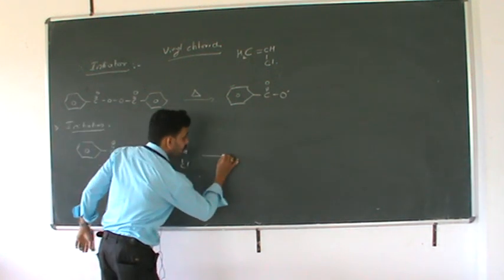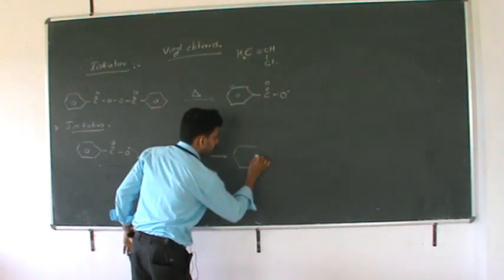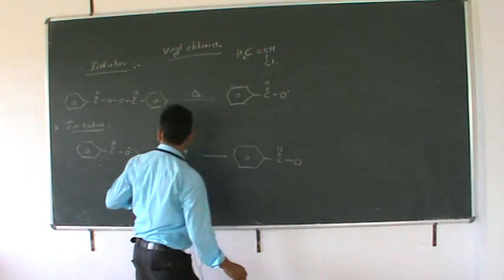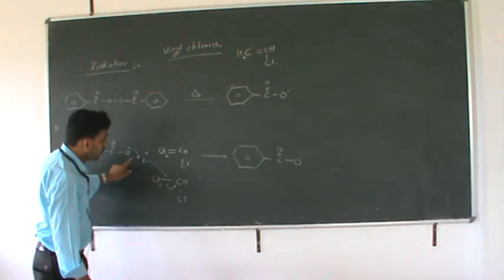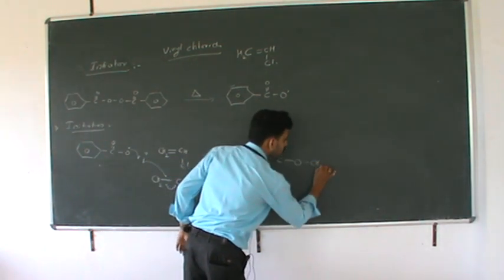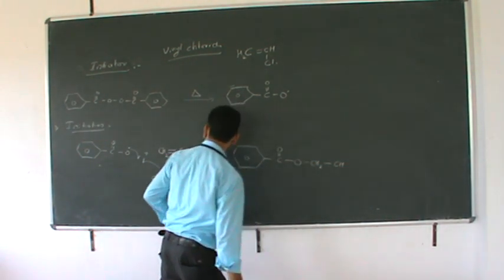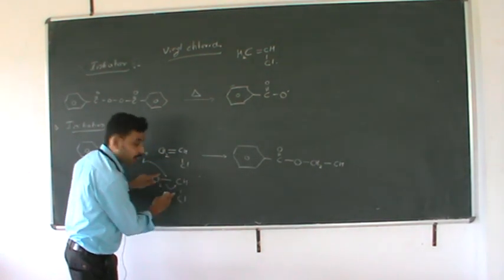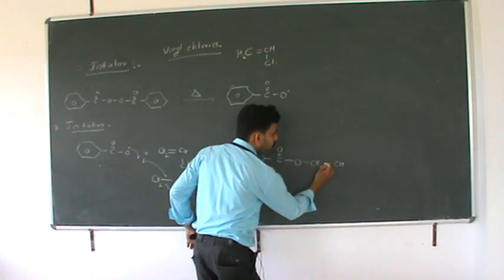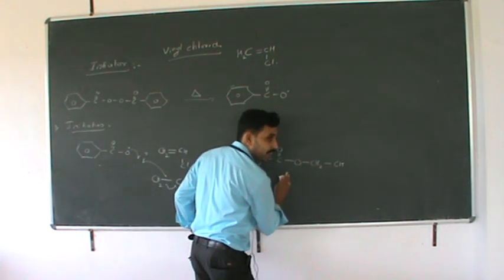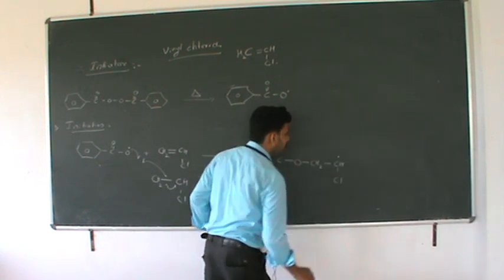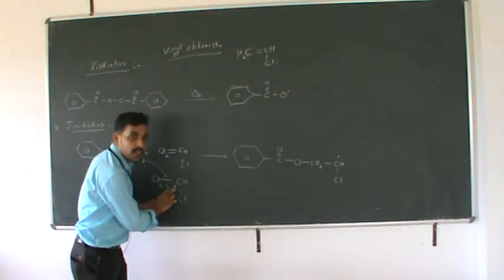That's why the initiation starts. The initiator will form a sigma bond between the initiator and the first monomer. Because the pi electrons are disturbed or diverged, one electron shifts, forming a sigma bond between initiator and monomer and generating a free radical at the end of the monomer side.